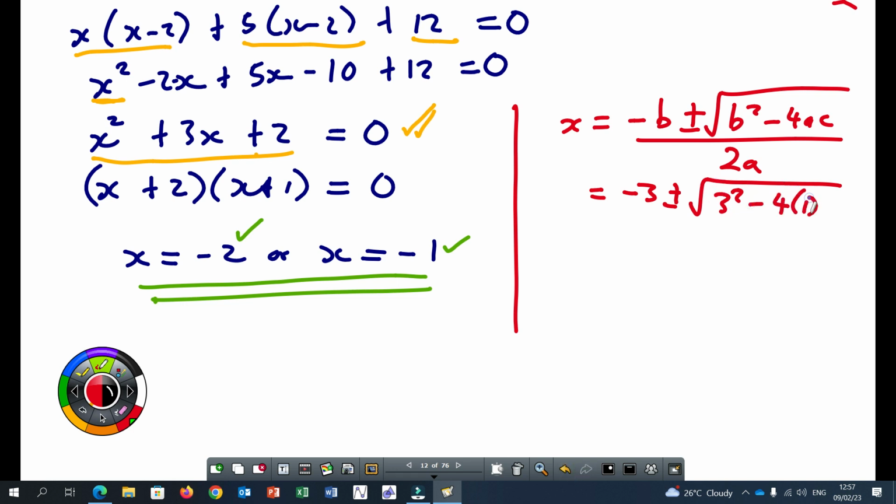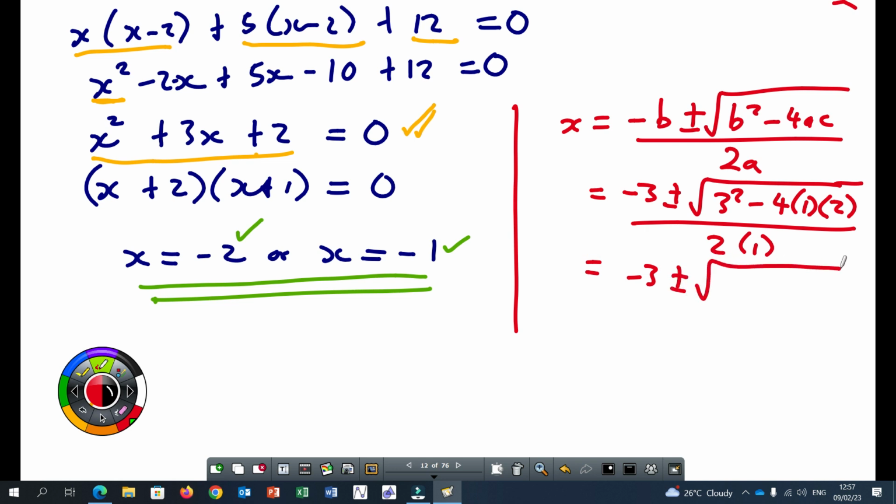Minus 4, a is 1, c is 3, sorry, 2, c is 2. This is all over 2 times 1. So you get minus 3 plus or minus the square root of 9 minus 8, all over 2. And that will give us minus 3 plus or minus 1, all over 2.